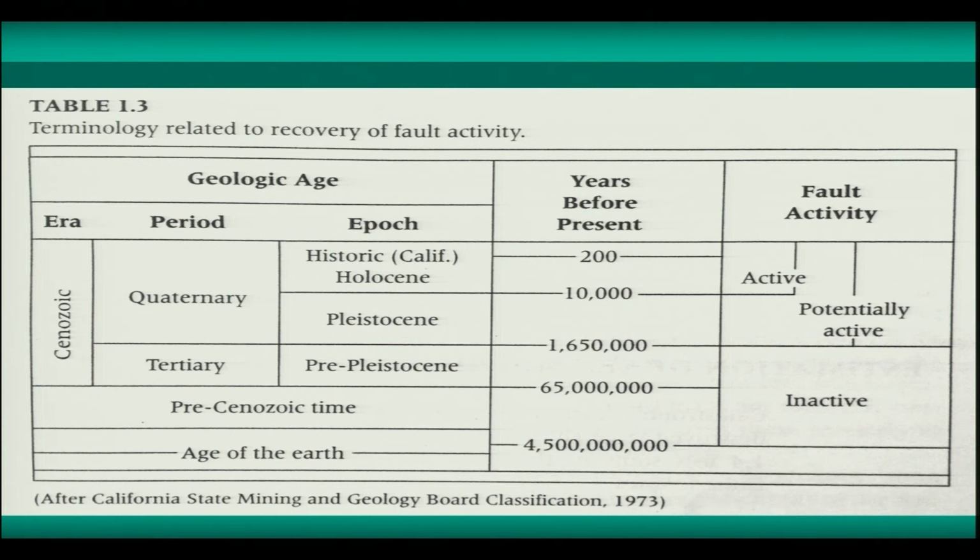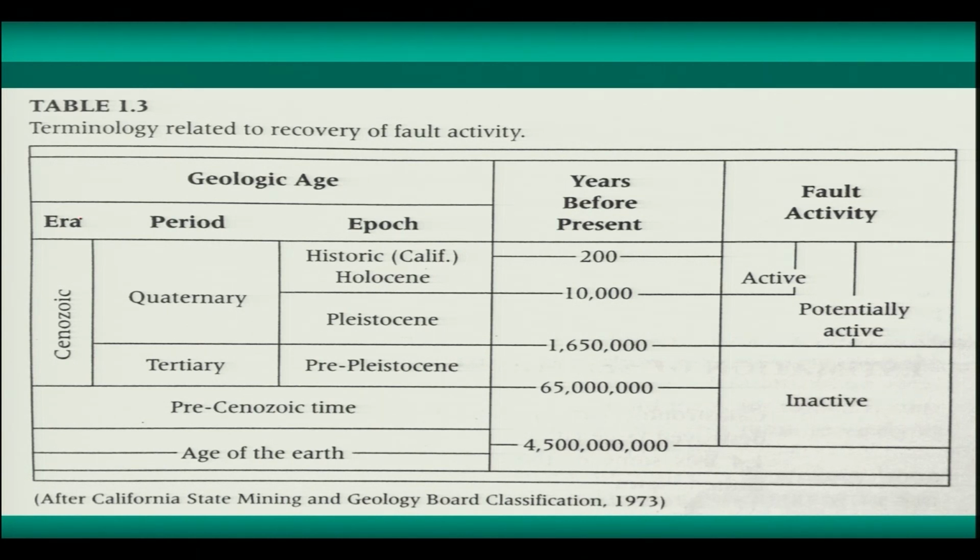In a broader sense, we have the geological time scale, which has been divided into era, period and epoch. For example, the Cenozoic era is the youngest era in the geological time scale, and we are interested in the Cenozoic part. And even within the Cenozoic, we are more interested in the Holocene epoch.